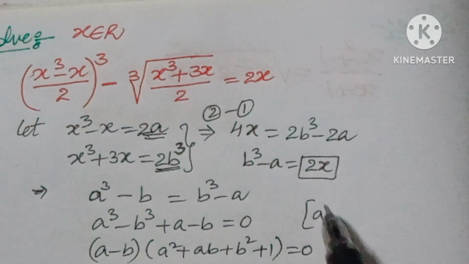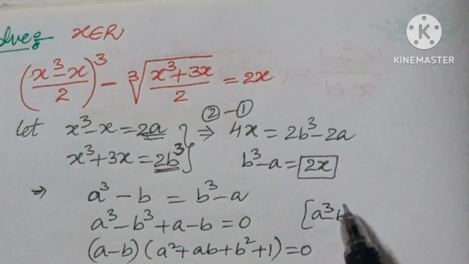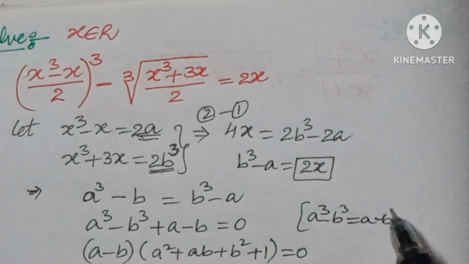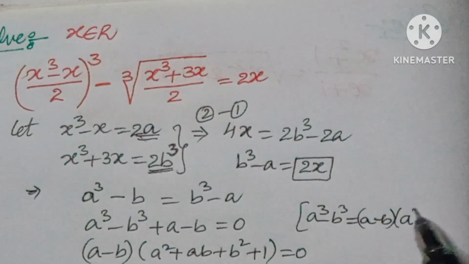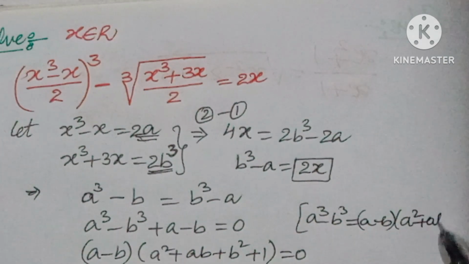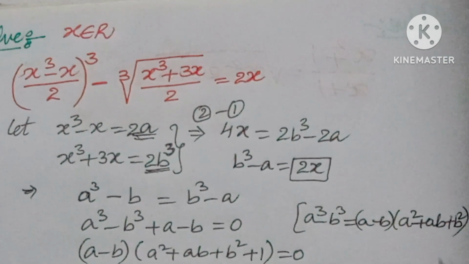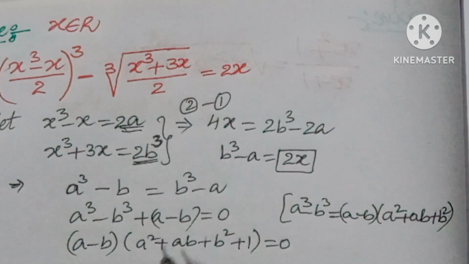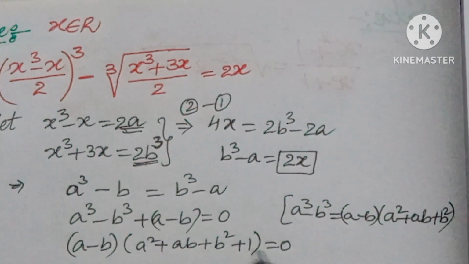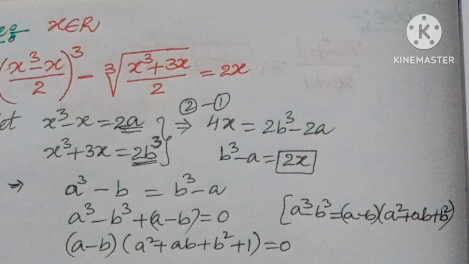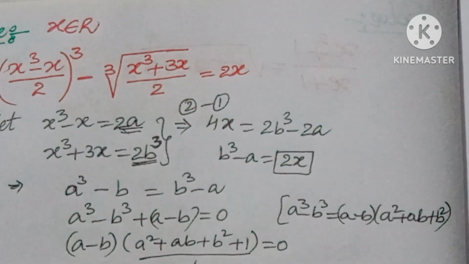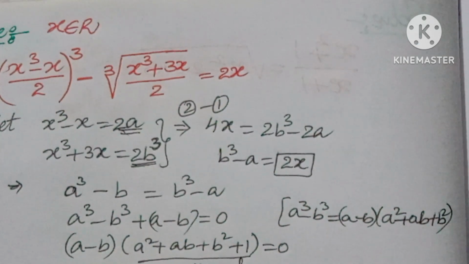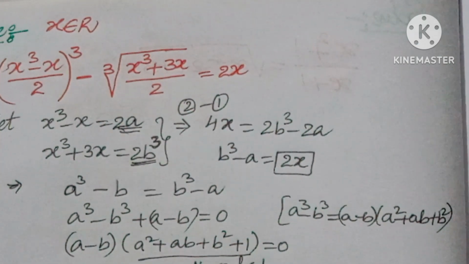Here you are using the formula a cubed minus b cubed is equal to (a minus b)(a squared plus ab plus b squared), and taking a minus b common. The second factor has no real solution.